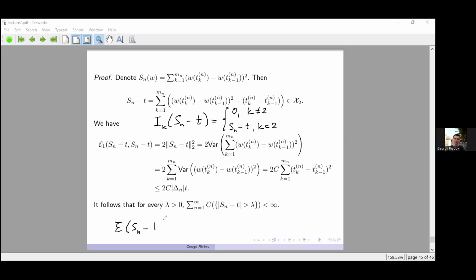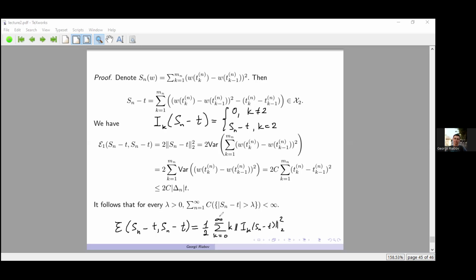Now let's look at the E norm of the difference S_n minus t. It is by definition the sum of k, norm of I_k of S_n minus t, squared. Okay, but we found all these projections.